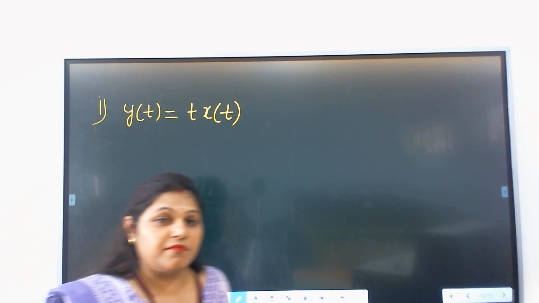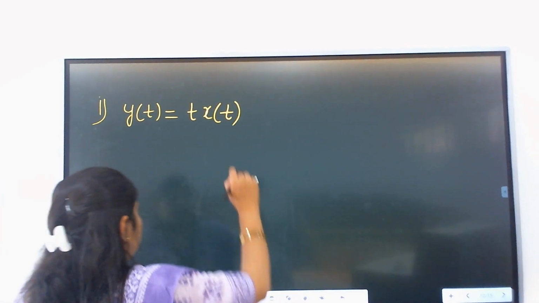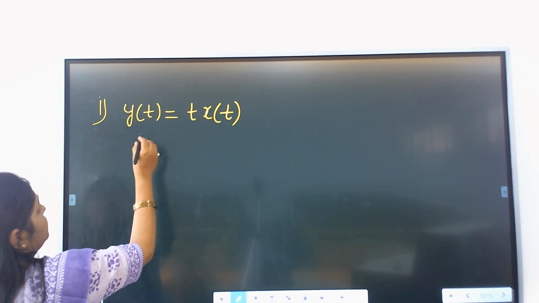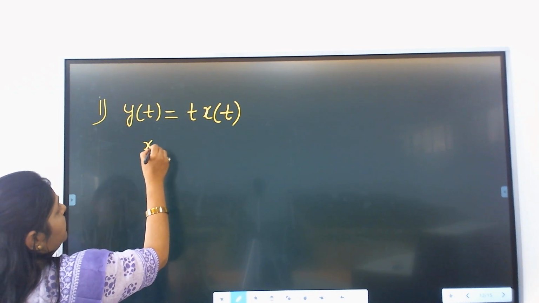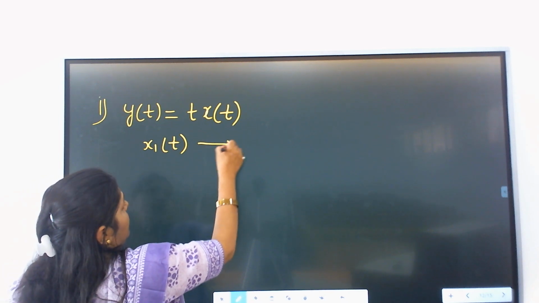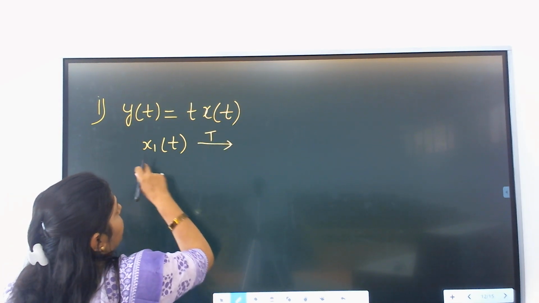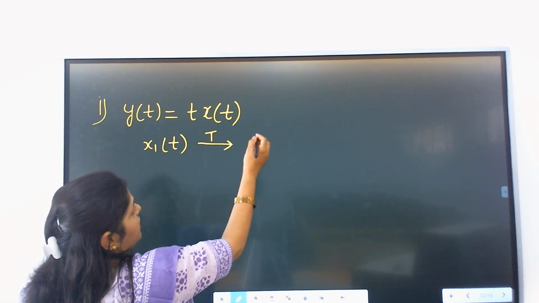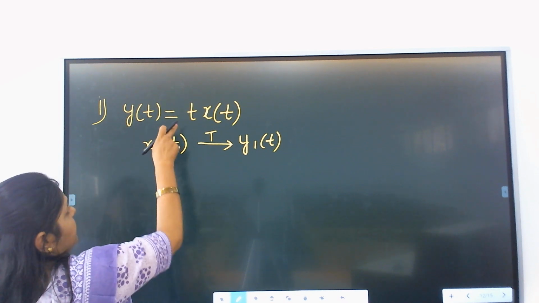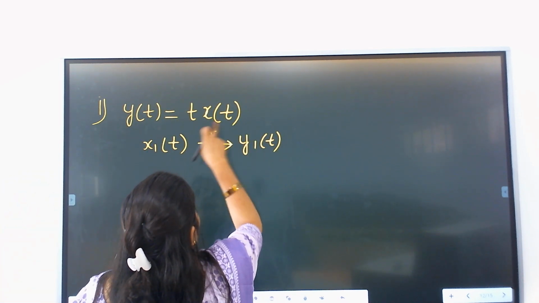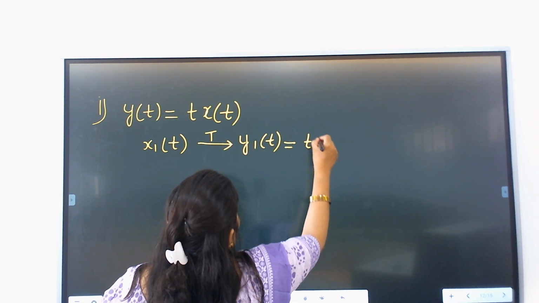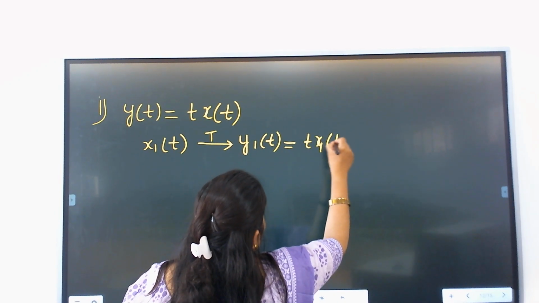In this problem, we will check the linearity. For linearity, first we will take x1(t). x1(t) goes in the system, and we get output y1(t). y(t) is given as t x(t), then y1(t) is t x1(t).